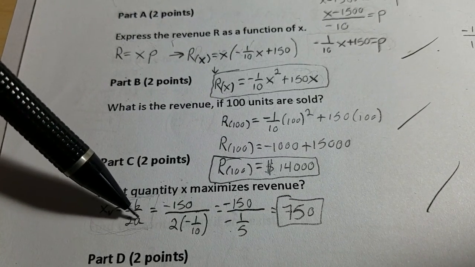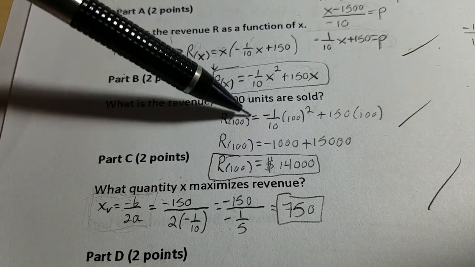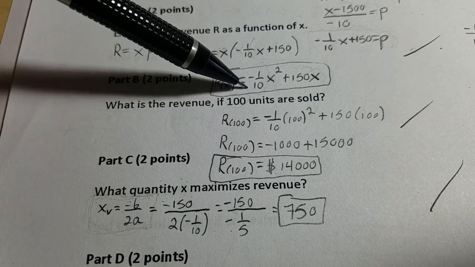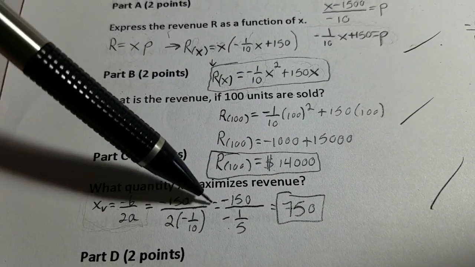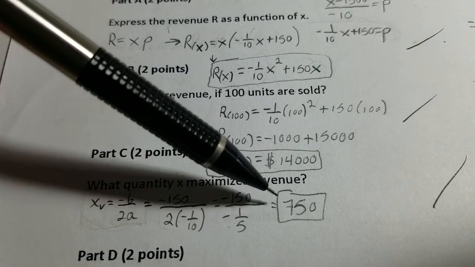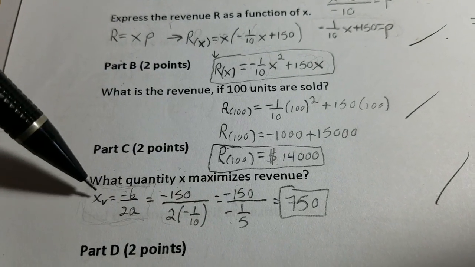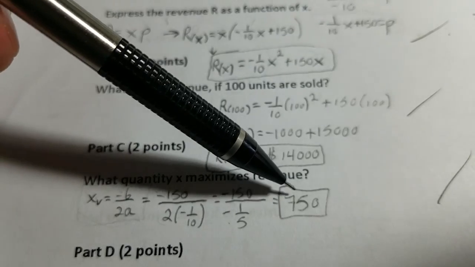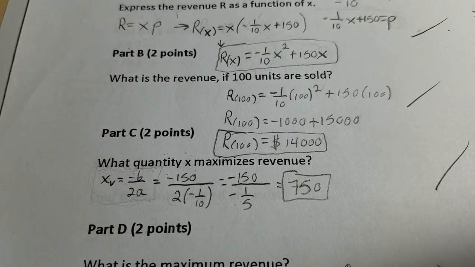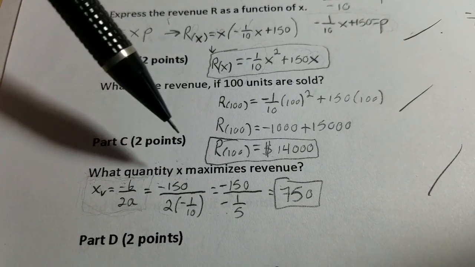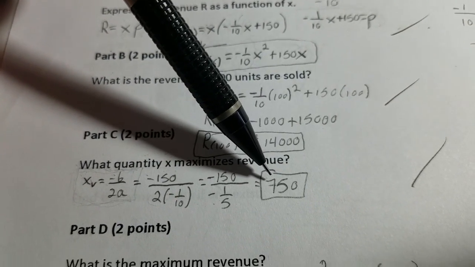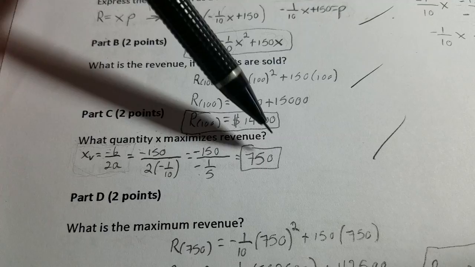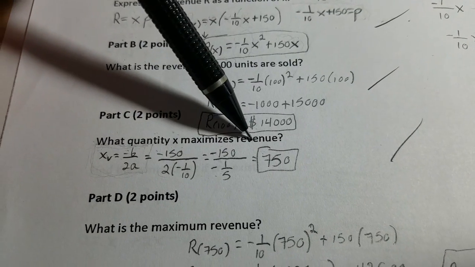Then 2, and then my a value, which going back is this one, negative 1/10. That's it. So you just go ahead, you solve it, and you will see that x sub v equals 750. That means the number that I'm looking for is 750. If I get to sell 750 units, I will maximize my revenue.